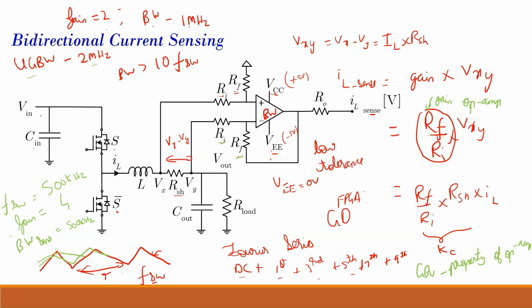If I have set this gain, then the bandwidth of my op-amp will be the unity gain bandwidth product divided by RF upon RI.